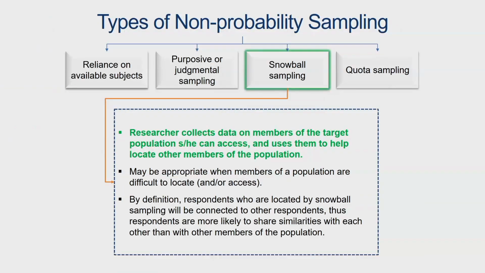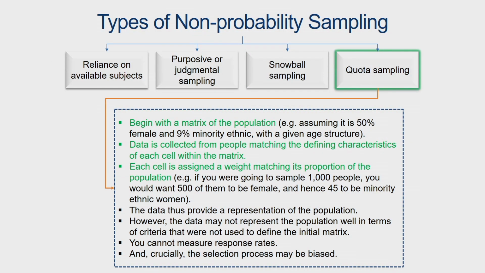Lastly, quota sampling. This is another form of non-probability sample, where you begin with a matrix of the population. Let us say you are assuming it is 50% female and 9% minority ethnic with a given age structure. Data is collected from people matching the defining characteristics of each cell within the matrix, and each cell is assigned a weight matching its proportion of the population.